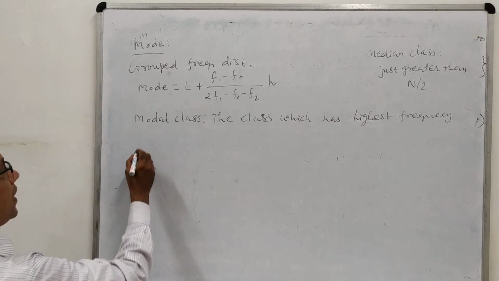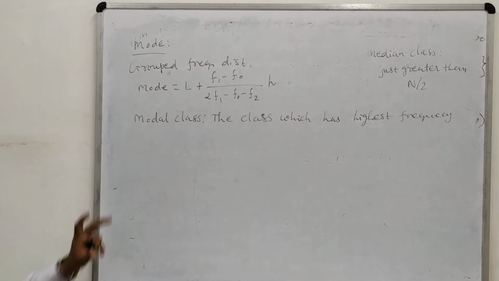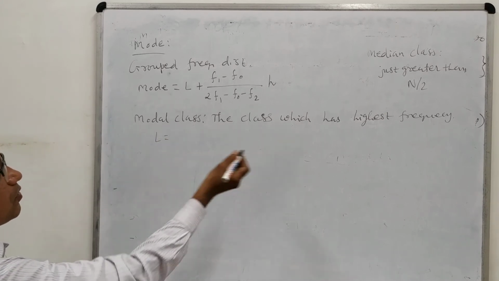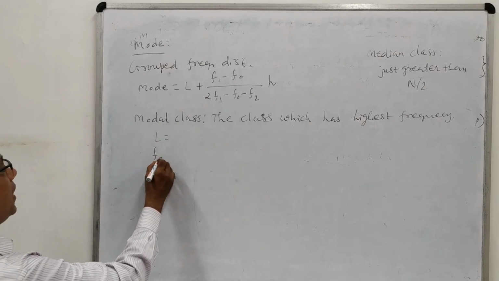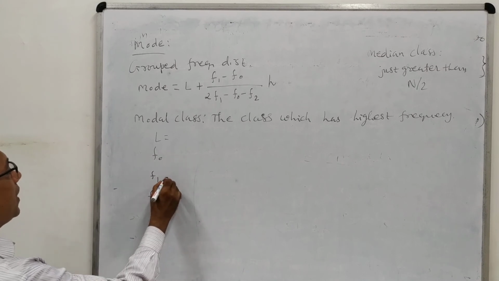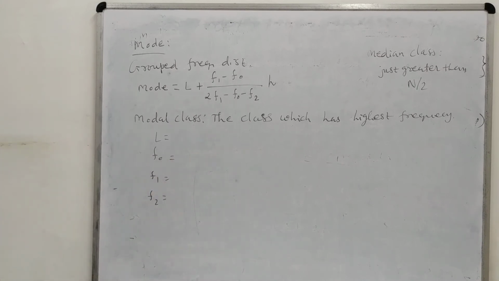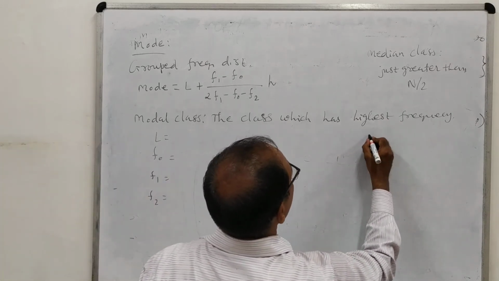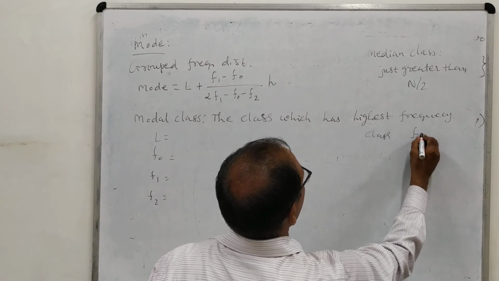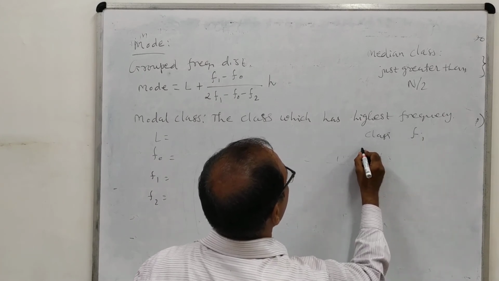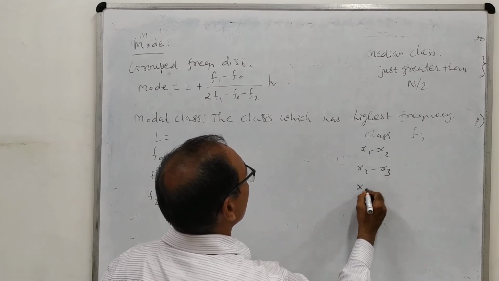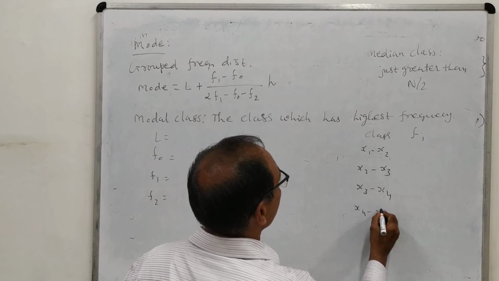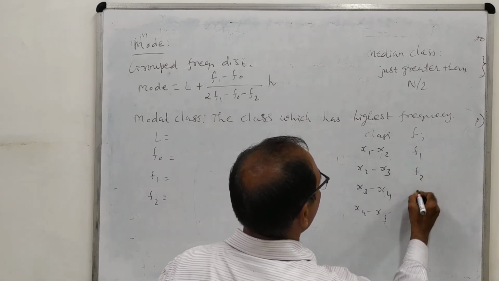Then it is very easy to find L. L means the lower limit of the modal class. Then what are F0, F1 and F2? Suppose the classes are x1 to x2, x2 to x3, x3 to x4, x4 to x5 and so on, and the frequencies are F1, F2, F3, F4.